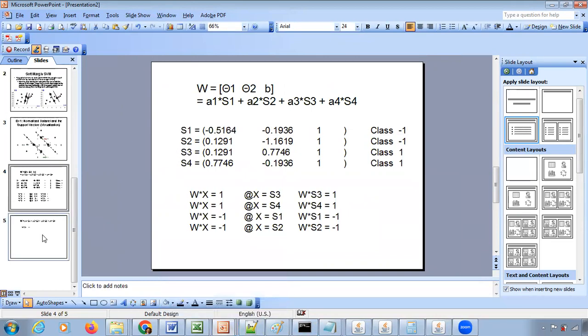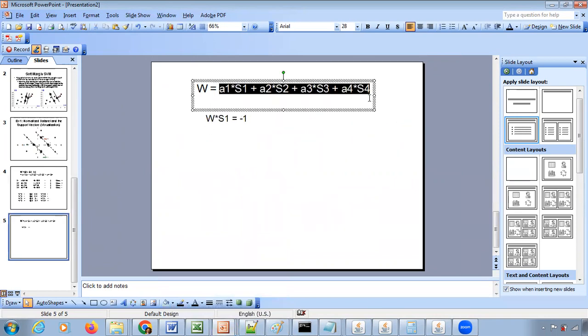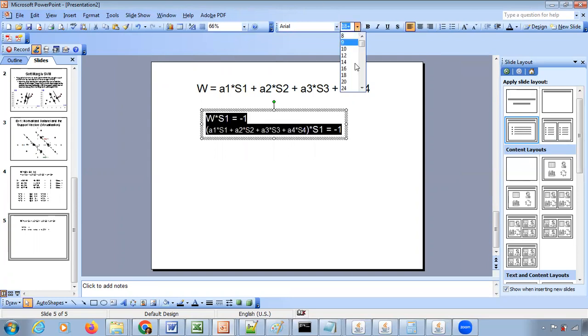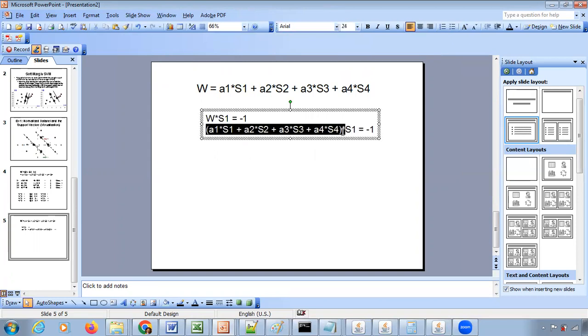So if I substitute for W to be this, all I have is this multiplied by S1 equals -1. I replace W by this vector A1 S1 plus A2 up to A4 S4 times S1 equals -1.